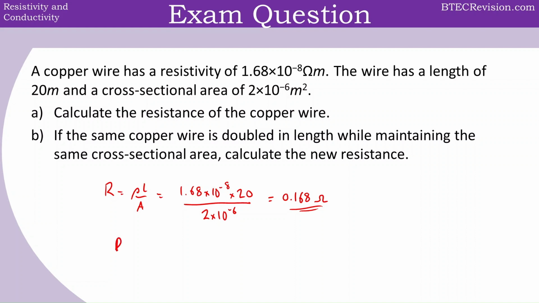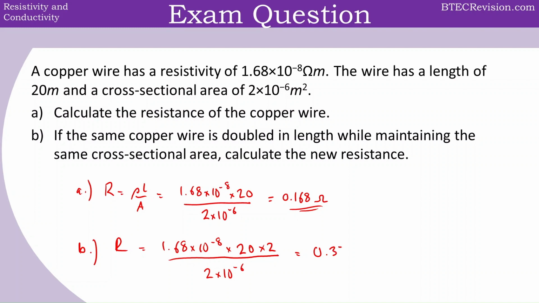Therefore, the new resistance for question B, we'll write it fully to ensure we gain full marks in the exam. So that would be 20, and it's double, so that's times 2, divided by 2 times 10 to the power of minus 6. And we know that's just the double of our previous value, which is 0.336 ohms.